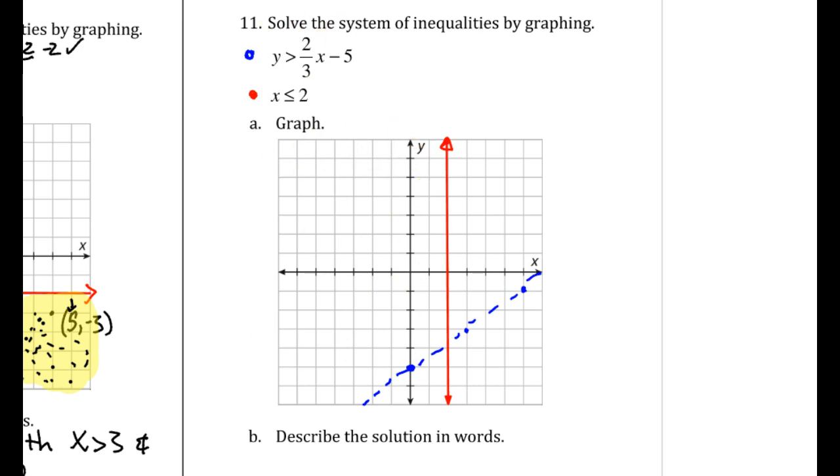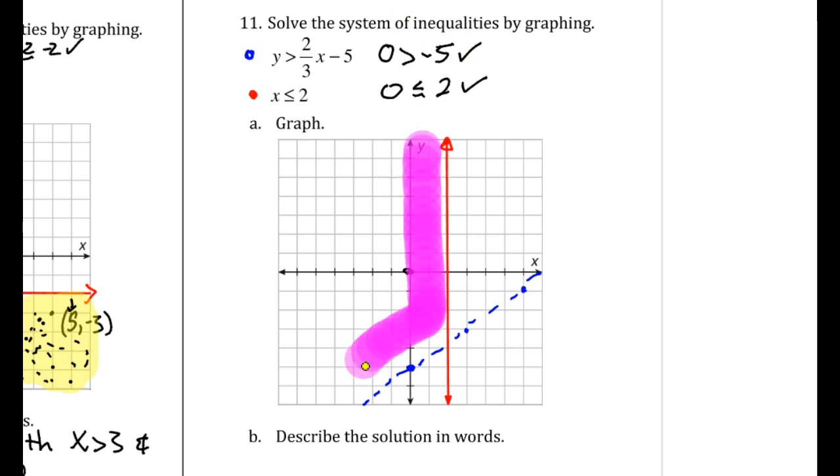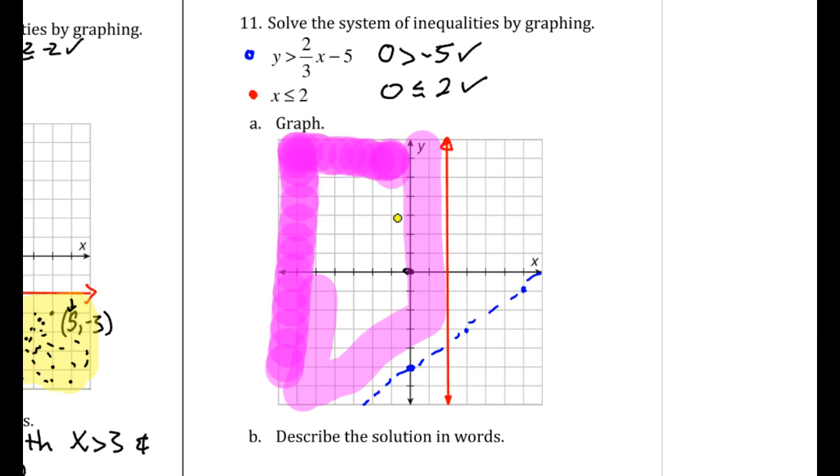So pick a point, such as 0, 0. And say, is 0 bigger than negative 5? That's true. And is 0 less than or equal to 2? That's true. Yeah, so that's all of these.